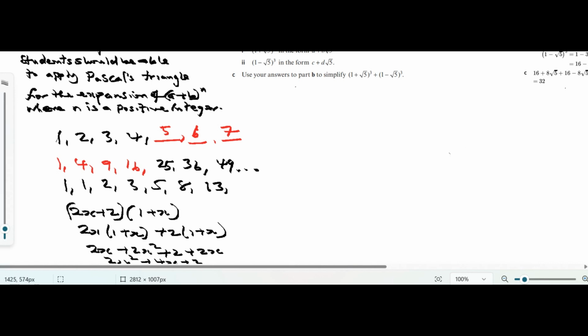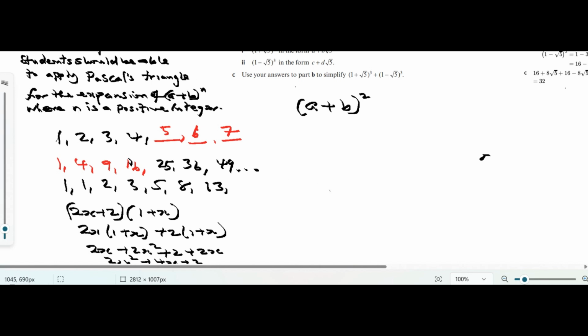Okay, moving on. Now, if I ask you to expand a plus b all raised to power 2, in this episode we are going to be dealing with binomials. The word binomial means two terms.